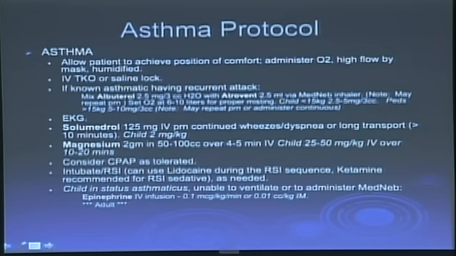Administer O2 by high flow mask, IV, and albuterol and Atrovent. Now, you can try CPAP, and we do CPAP with the albuterol Atrovent. If they can't tolerate the CPAP and they're getting worse, you need to intubate them.